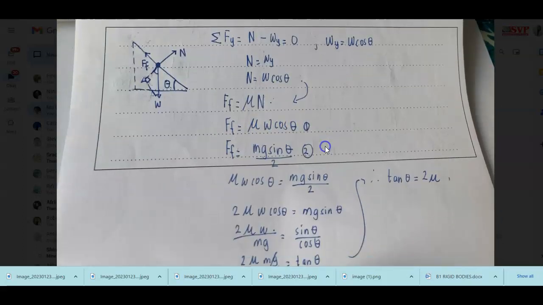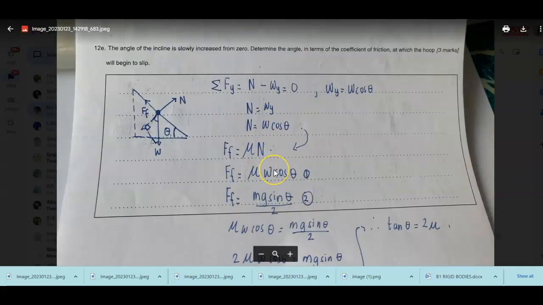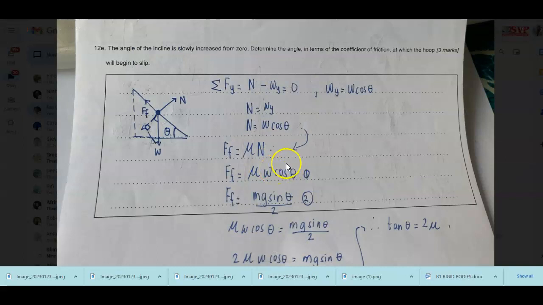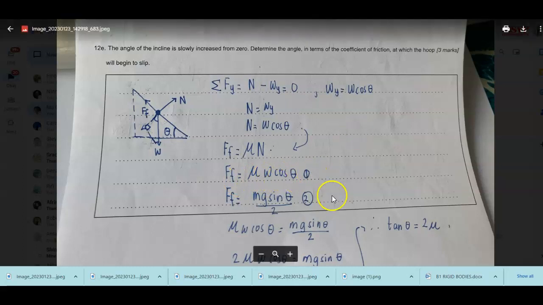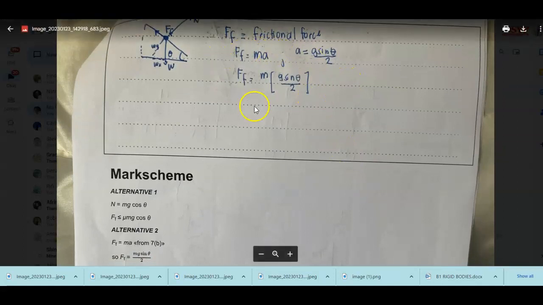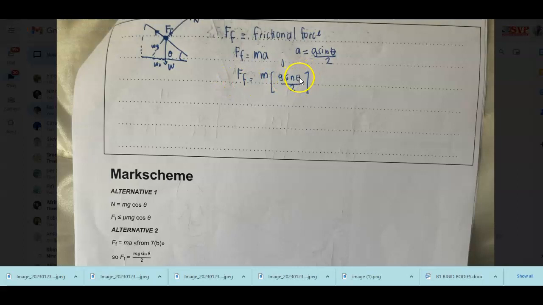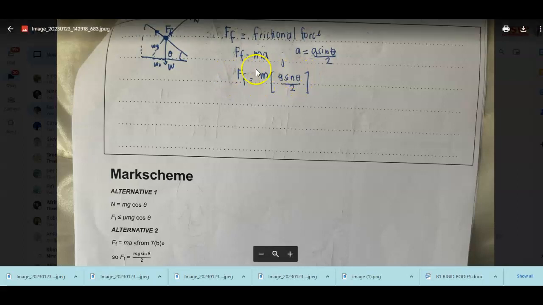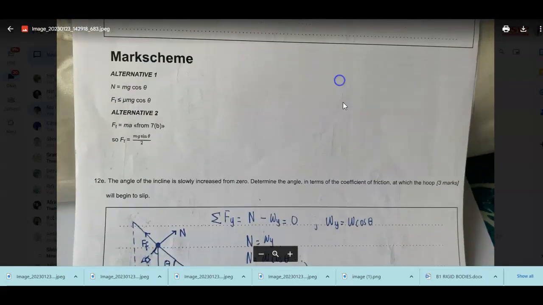Finally, after that, alright, now that we have obtained the first formula for friction, which is mu w cosine theta, we cannot forget that previously we already have derived a formula for frictional force based on the angle of incline. Thus, we will be using this equation as well.